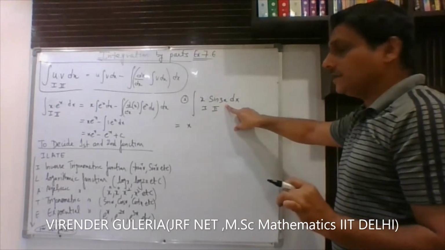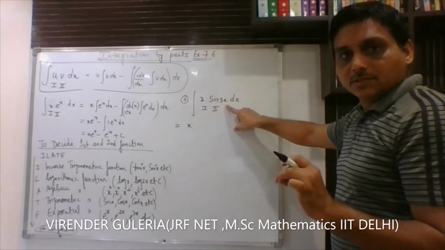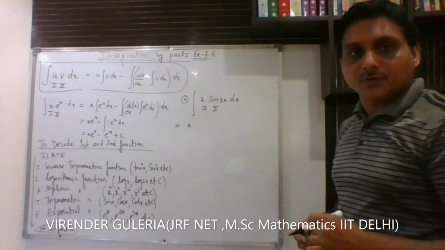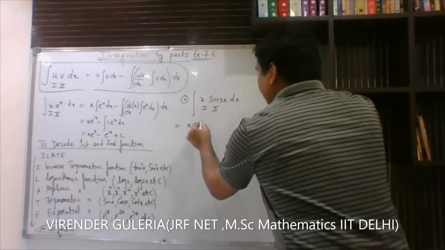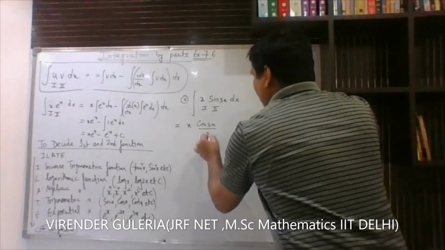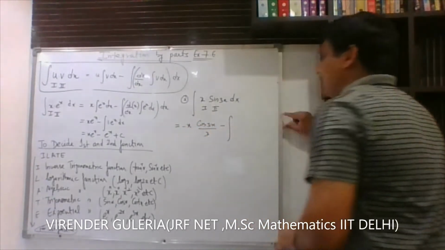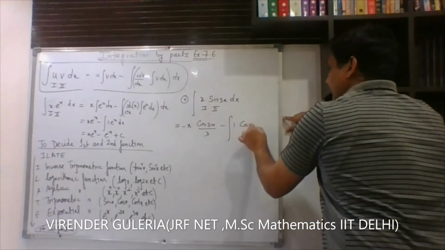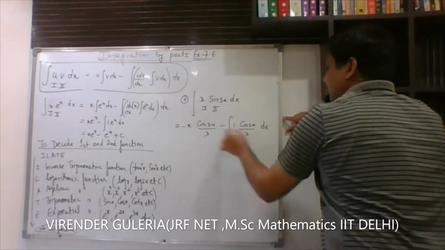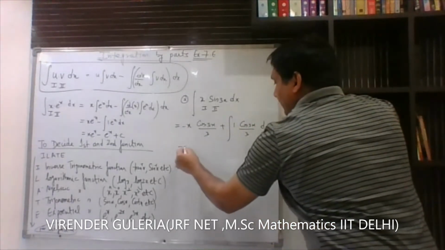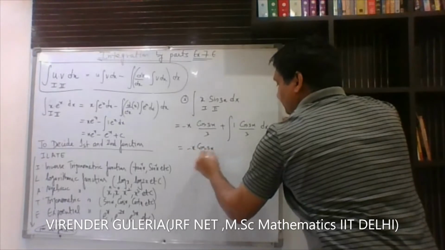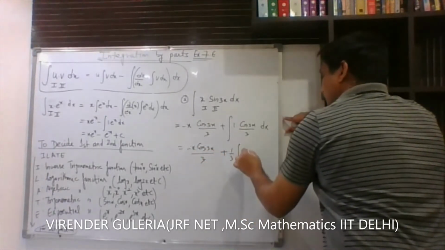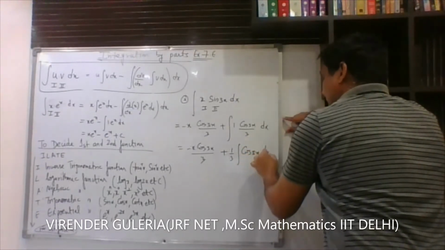Integration of sine 3x was minus cos 3x upon 3 because of the extension formula which we had done in the 7.3 exercise. As per that, I can write this as cos 3x upon 3 with a negative sign. Then the derivative of x with respect to x is 1. So this will be cos 3x upon 3 dx, which becomes plus. So finally I can rewrite this as cos 3x dx.